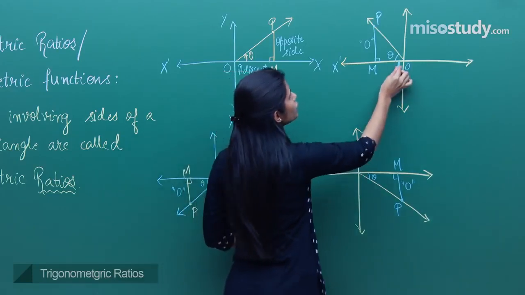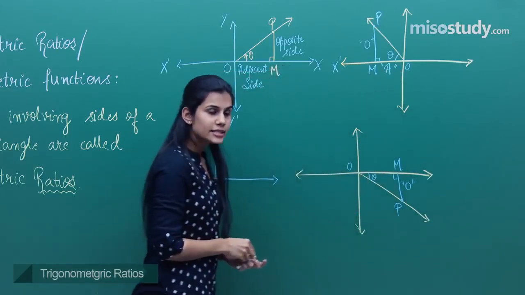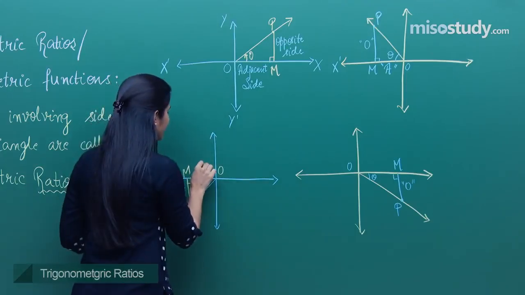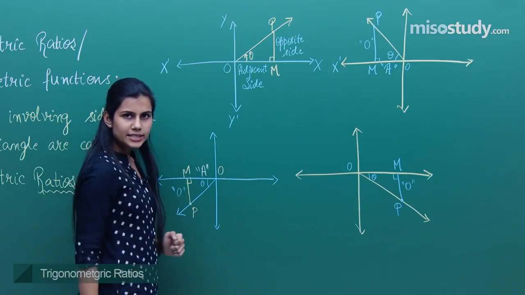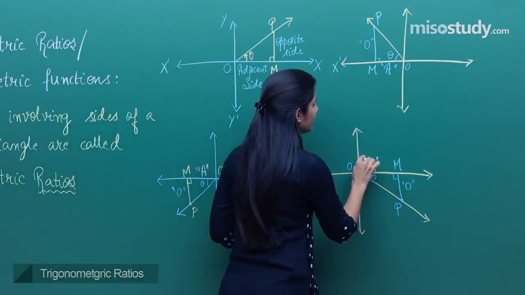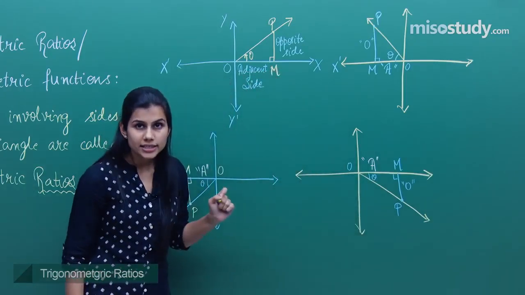Similarly, over here also OM happens to be the adjacent side. Over here again OM happens to be the adjacent side of the angle theta, and over here again the same happens. Next is the third side.